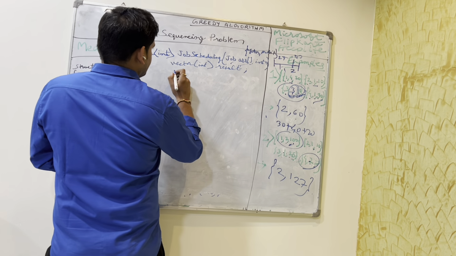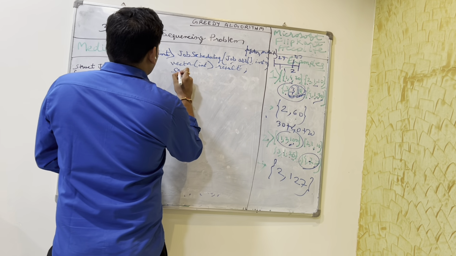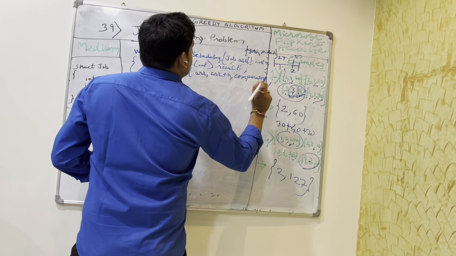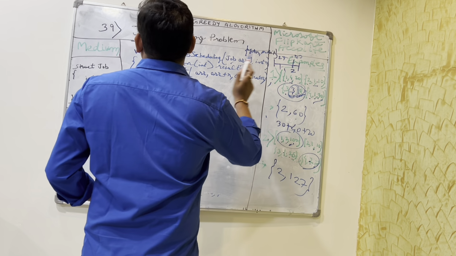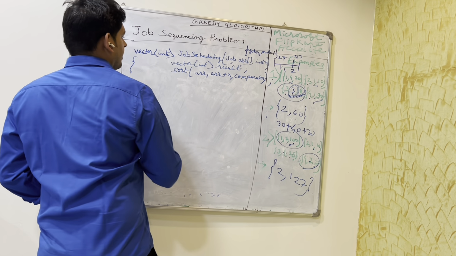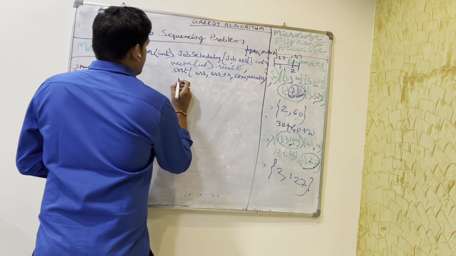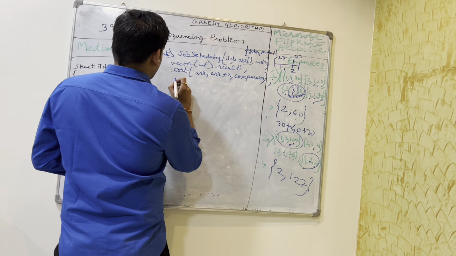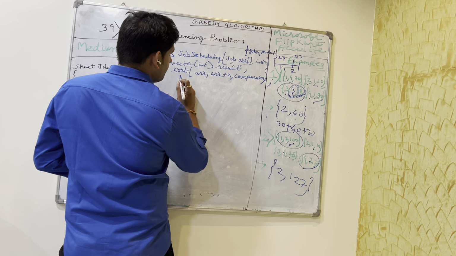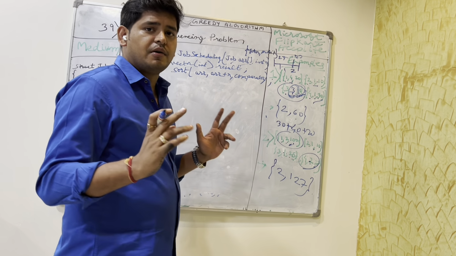So what we have done here, we are sorting the job array plus n, and we have our comparator. We will use this comparator function to sort it according to its profit. Now we need to find how many slots we have.